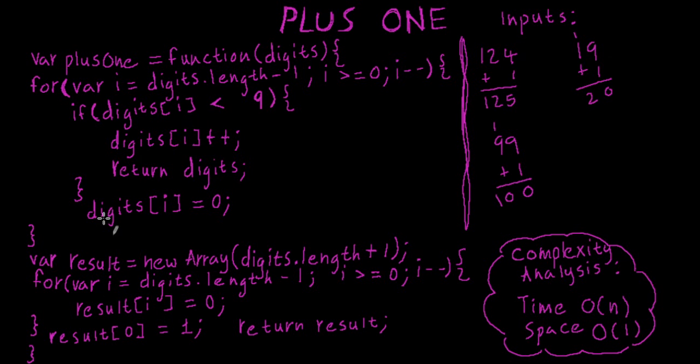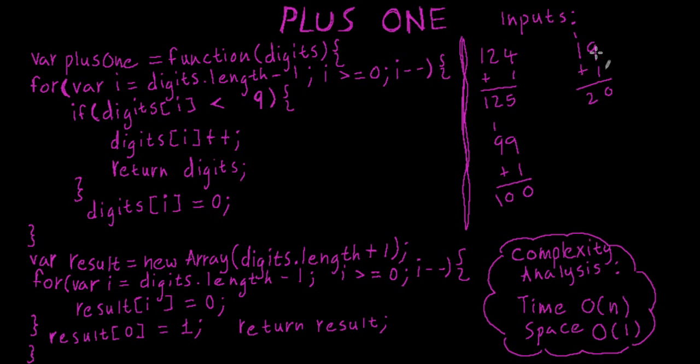When digits[i] is not less than 9, we have to replace digits[i] with 0, as can be seen here. So 9 plus 1 is 10, you have a carryover 1, and then you have a 0. So that's what the 0 here accounts for. And then 1 plus 1 is 2.